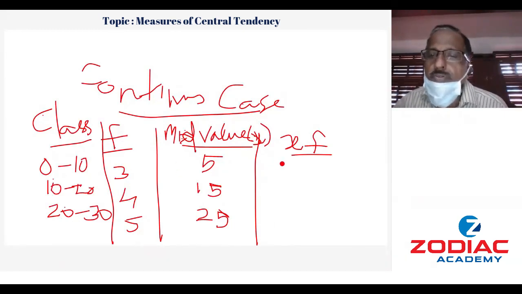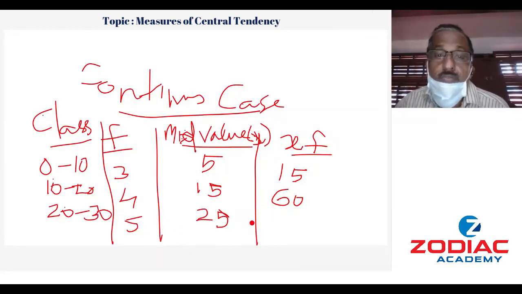3 into 5, 15. 15 into 4, 60. Then 5 into 25, 125. Take its total.